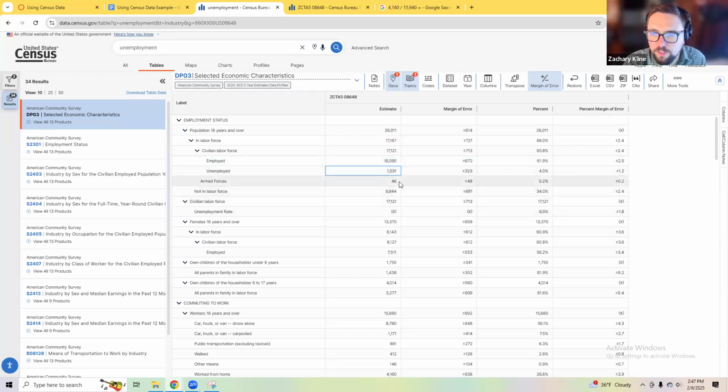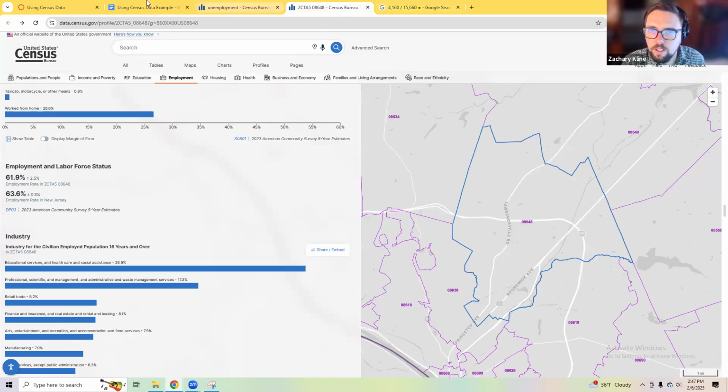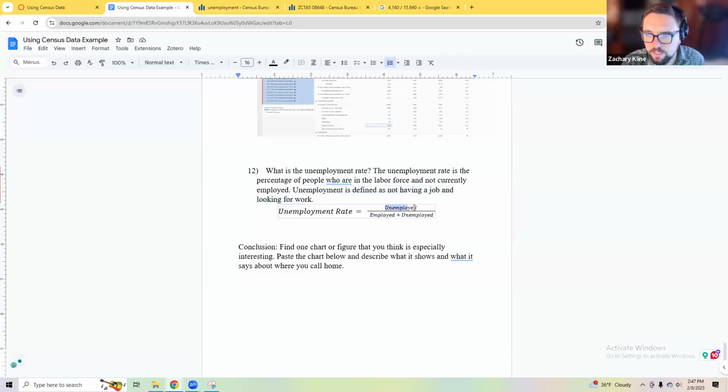Unemployed means that you're not currently working and you're looking for a job. Folks who are not currently working and not looking for a job are considered not in the labor force. So this is a trickier one, where the unemployment rate is particularly calculated to exclude people who are not looking for work.